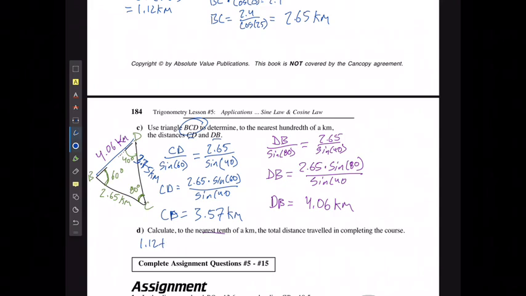Then they traveled 2.65 to C. Then they're going to travel 3.57, not 75, to D, and then they traveled another 4.06 back to B. They traveled 11.4 kilometers. And that is it for trigonometry.